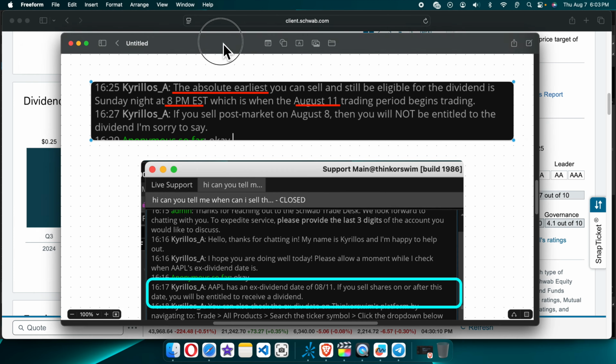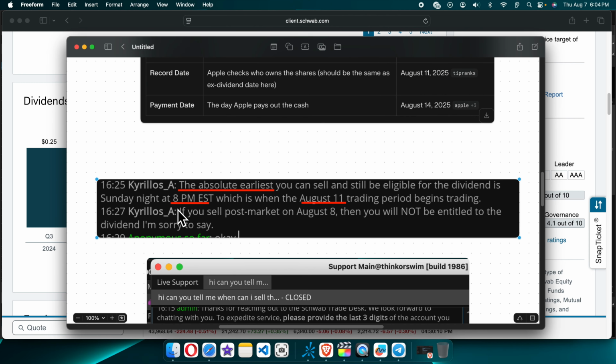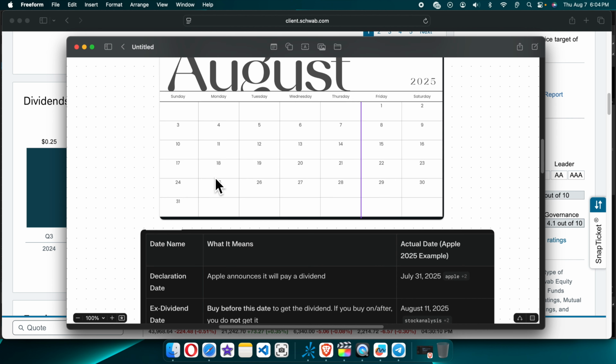So what is the meaning of that? The 11th is the ex-dividend date, right? The market opens generally, with post-market and pre-market sessions, and this is Monday the 11th, and Sunday the 10th. So when the August 11 trading period begins, the stock market trading period begins on the 10th at 8 p.m., right?